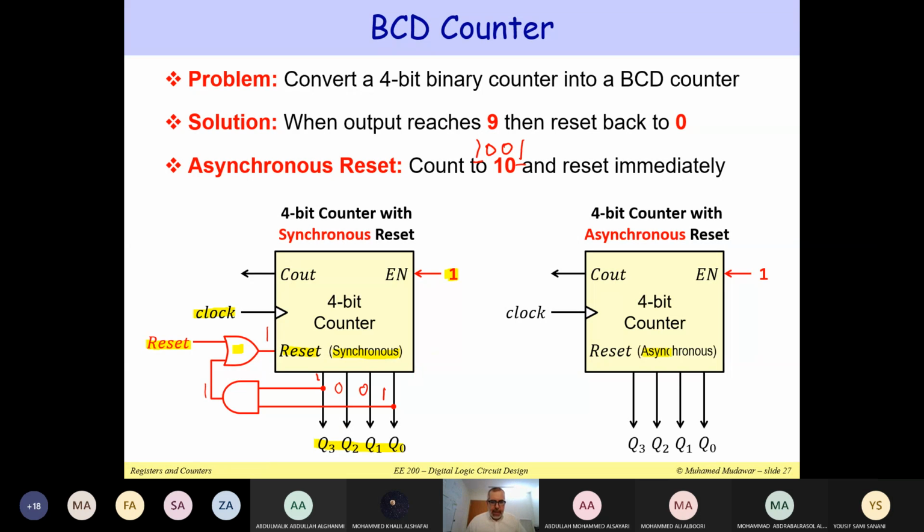Notice that the reset here is asynchronous, so it's not synchronized with the clock. So when we reset, it happens immediately. So what shall I do to implement a BCD counter with asynchronous reset? The answer is shown, by the way, on the screen. And not an AND gate.